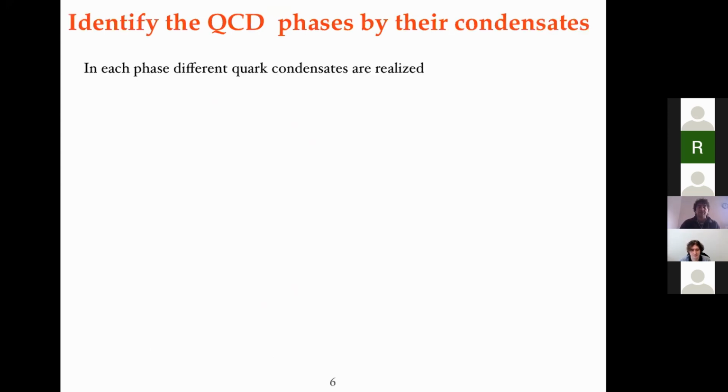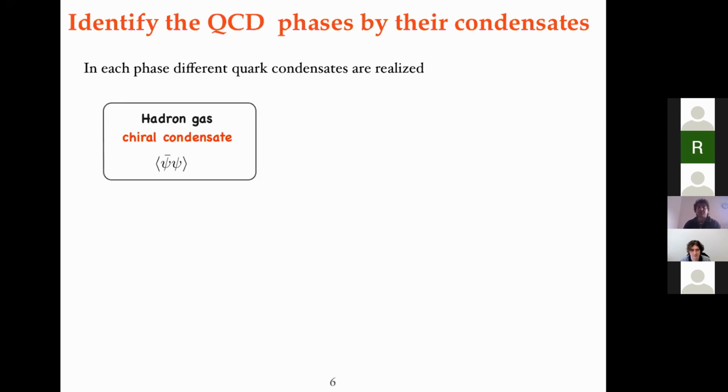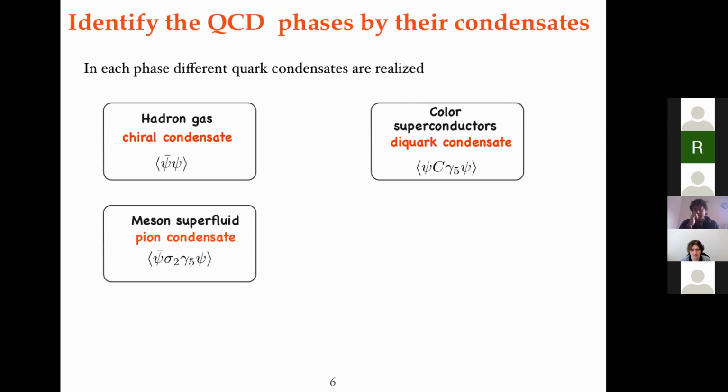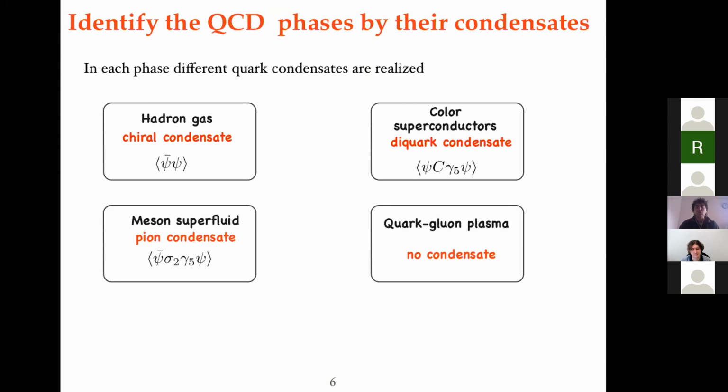The nice thing is that you can specify the various phases by their condensates. So there's a chiral condensate for the hadronic gas, and a meson superfluid or pion condensate is psi bar sigma 2 psi, or more involved if you have kaon condensation, and the quark plasma is not a condensate, so it's the state, if you wish, of maximum disorder somehow.